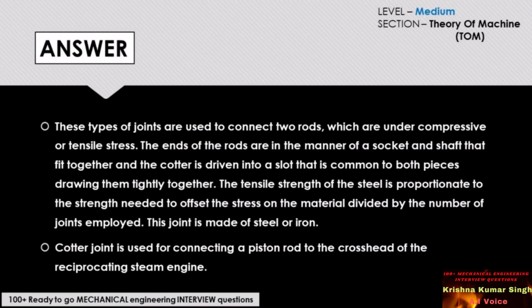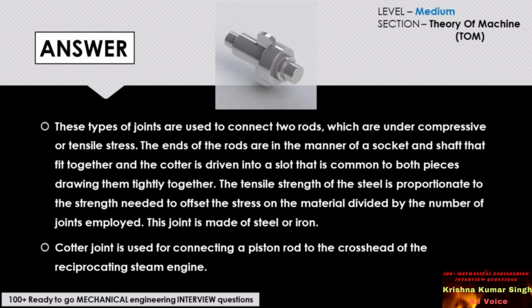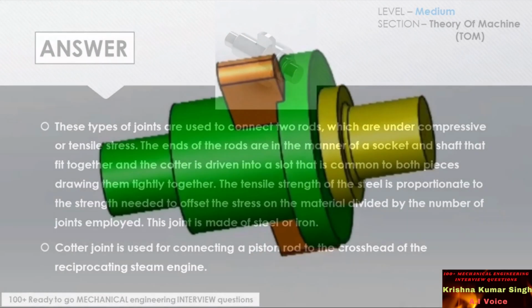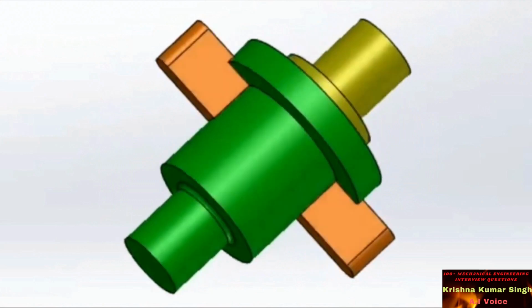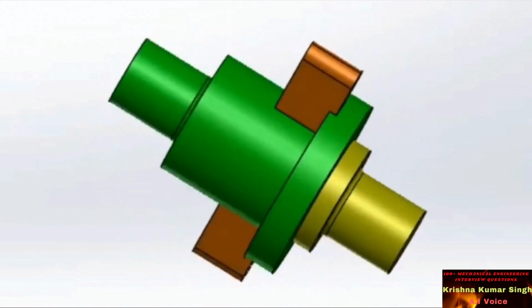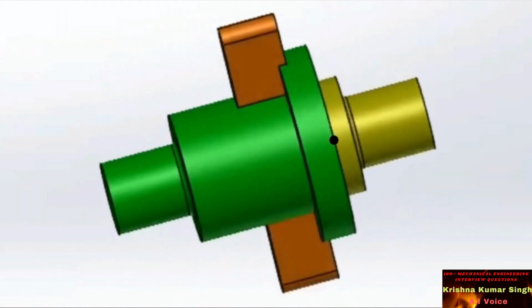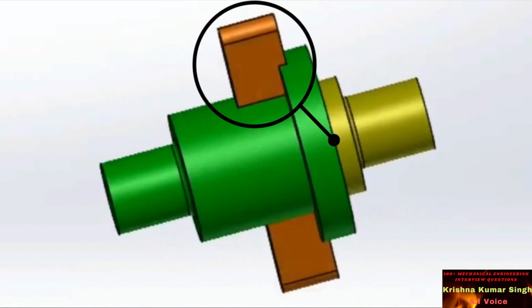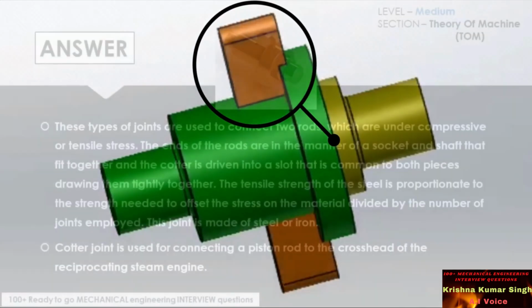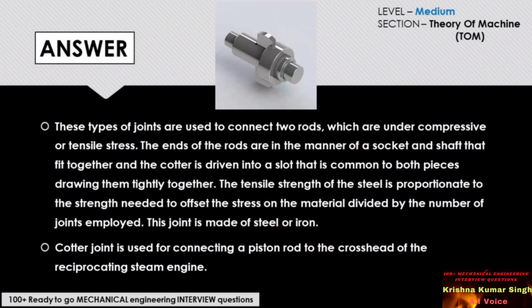The answer to this question would be, these type of joints are used to connect two rods which are under compressive or tensile stress. The ends of the rods are in the manner of a socket and shaft that fit together, and the cotter is driven into a slot that is common to both pieces, drawing them tightly together.